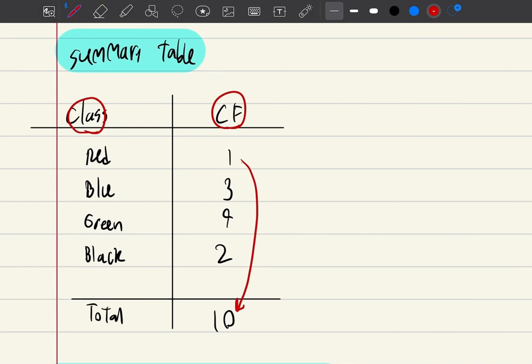If you want to find the class relative frequency for blue, we just have to use 3 over 10. For green it is 4 over 10. For black it is 2 over 10. So 10 is n, the total. And if we want to find a class percentage, we just need to use class relative frequency multiplied by 100.